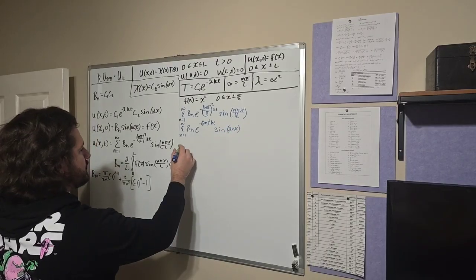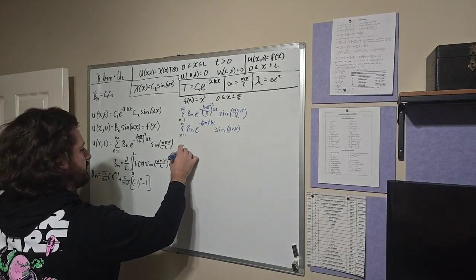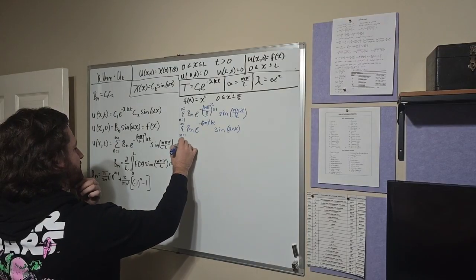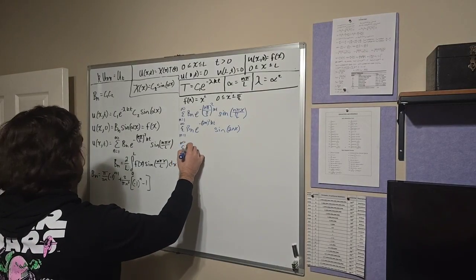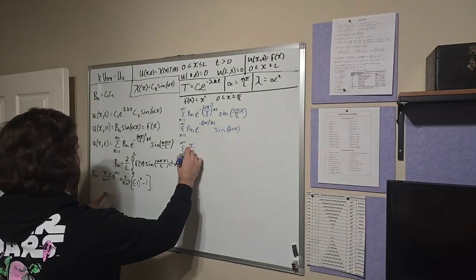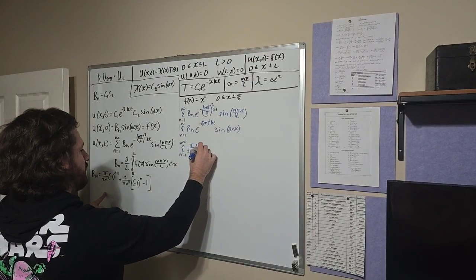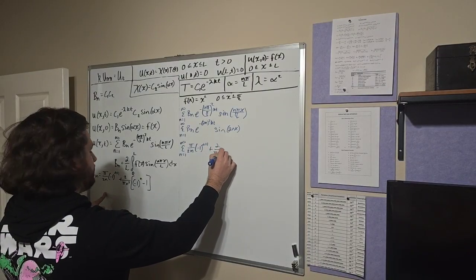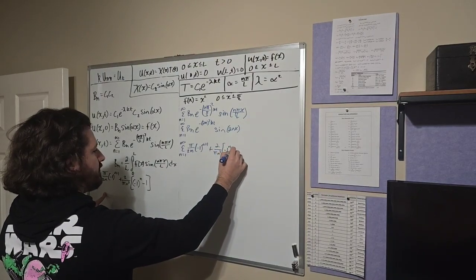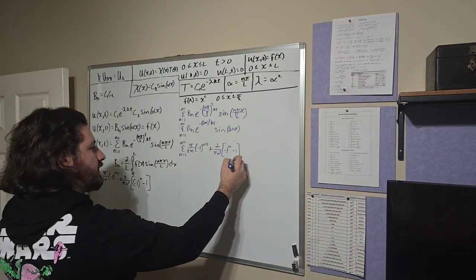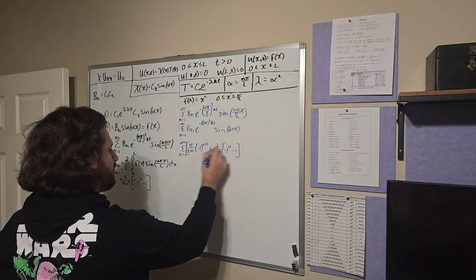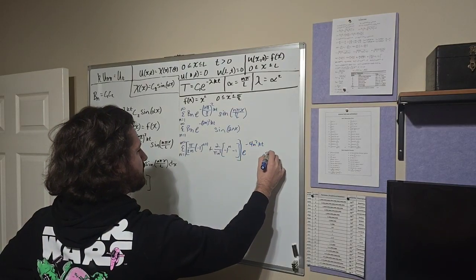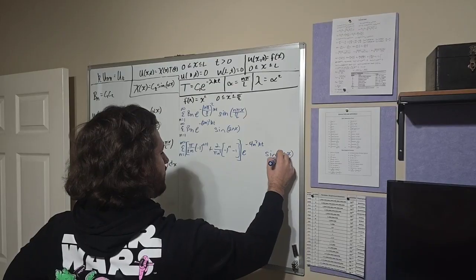Okay, and now all we have to do is add in our b of n numbers, and we're pretty much done here, I think. I don't think there's much else we're going to be able to do. So we have summation from n equals 1 to infinity, and then b of n is pi over 2n times negative 1 to the n plus 1 plus 2 over pi n cubed times negative 1 to the n minus 1, and all of that is multiplied by e to the negative 4n squared kt times sine of 2nx.